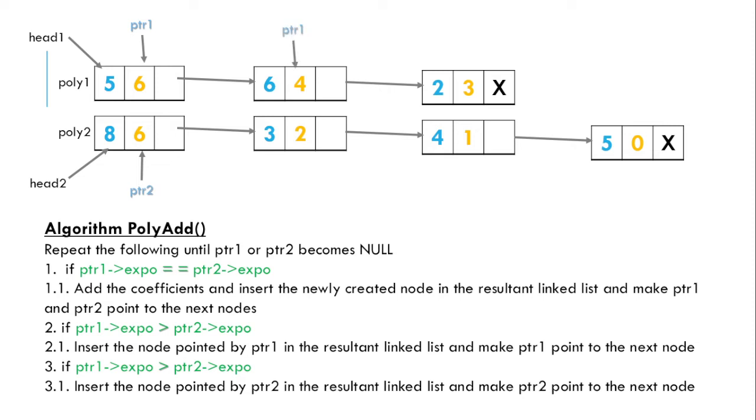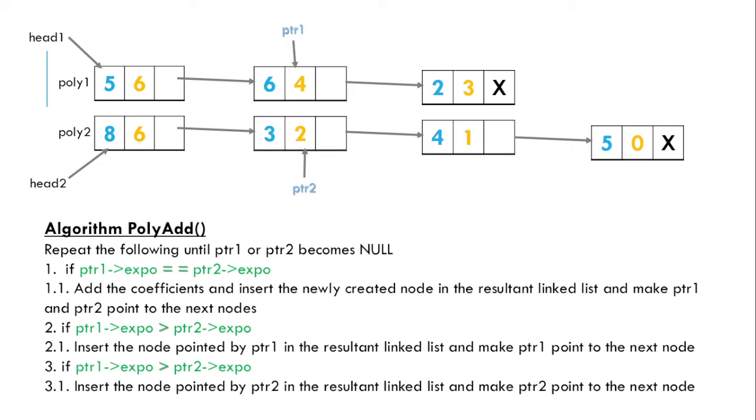And then increment the pointer ptr1, or shift the pointer ptr1 to the next node. Once we have processed a node, shift the pointer to the next node. Then shift ptr2 to the next node. Now ptr1 and ptr2 stand at the next nodes. Compare these nodes.